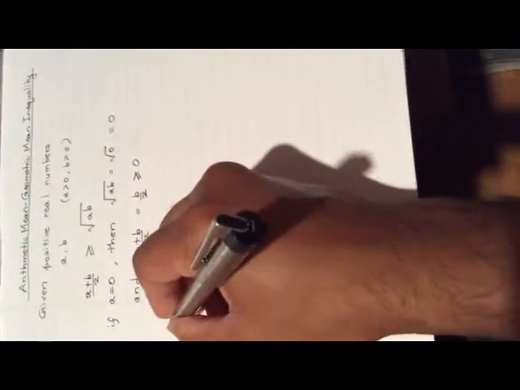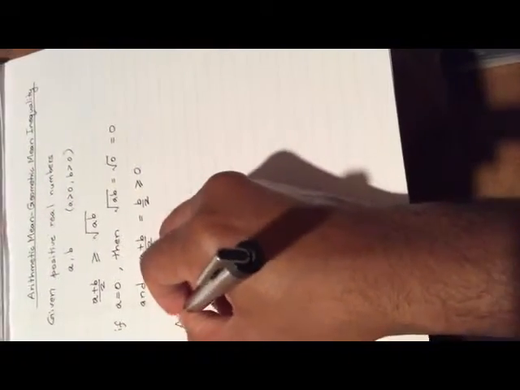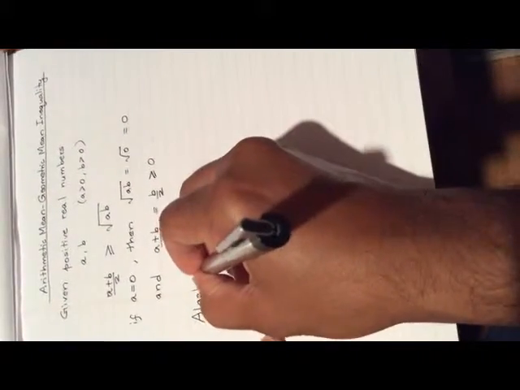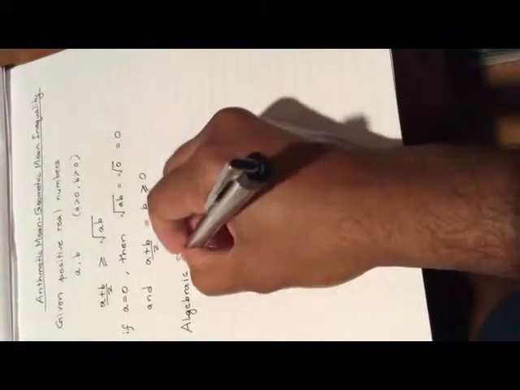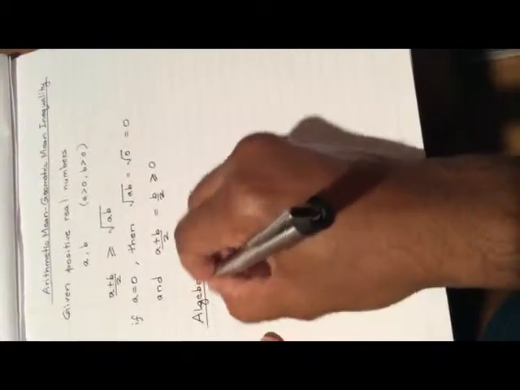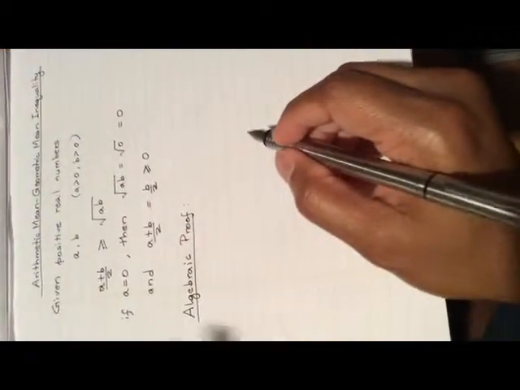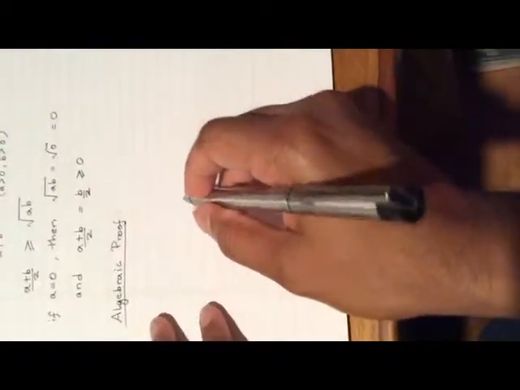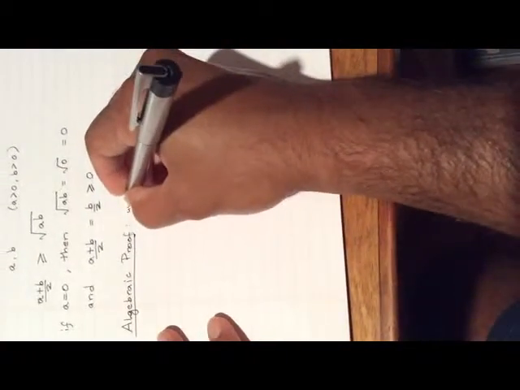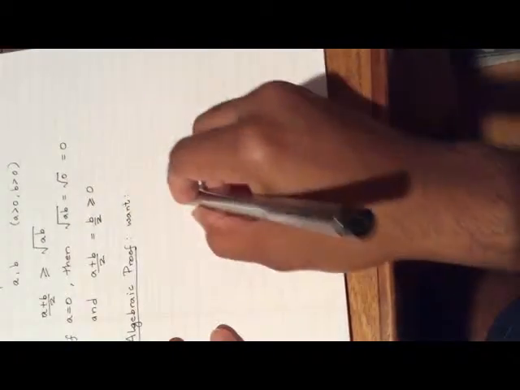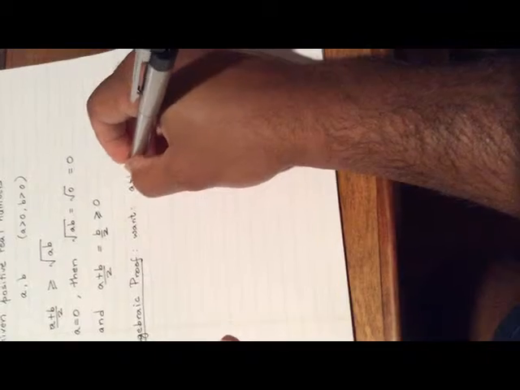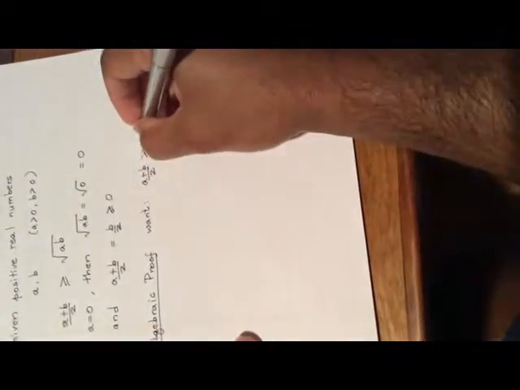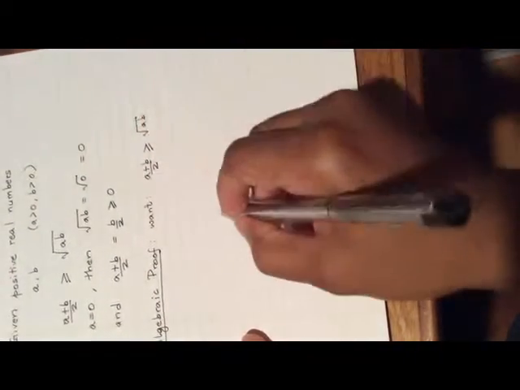So let's write down an algebraic proof. Why is this inequality true? Okay, so this is one of those cases where we start with what we want. We want that a plus b over 2 is bigger than or equal to the square root of ab.